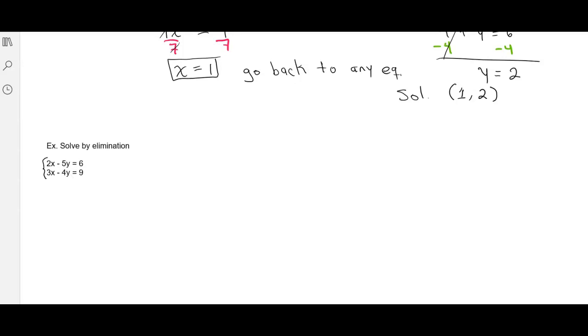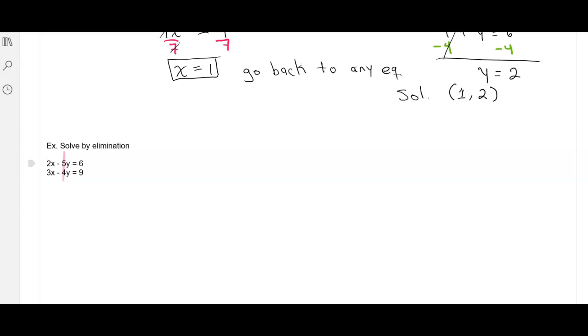In order for you to make that decision, you really need to look at these coefficients. You have a 2 and a 3, and you determine if you want to work with those numbers, or you have another choice, in which you could consider the y's. The y's have a 5 and a 4.